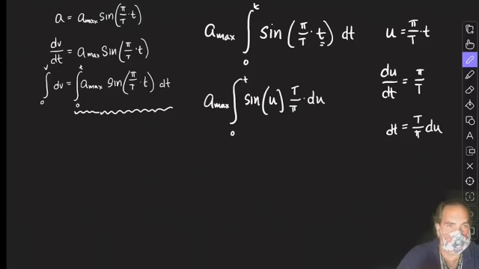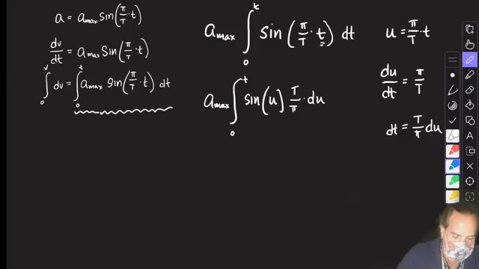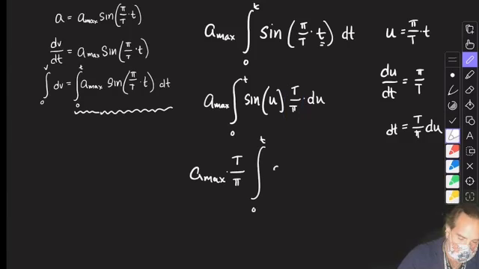Now, if your u sub works, whatever you just subbed in is a constant, and you should be able to take it out of your integral, or do something that will make your integration okay. For us, it's a constant. So we can just take it all out front, and we're left with A max times T over pi times the integral of sine u with respect to u.